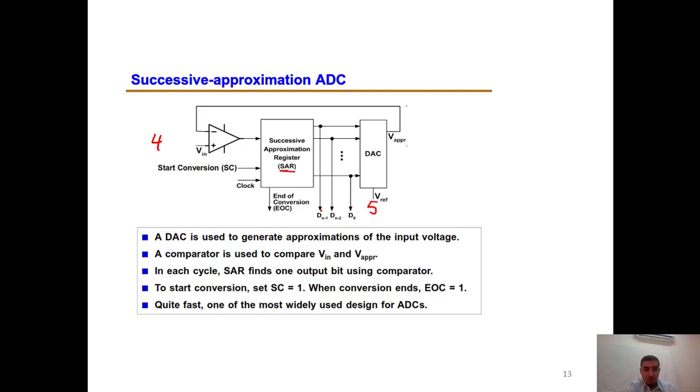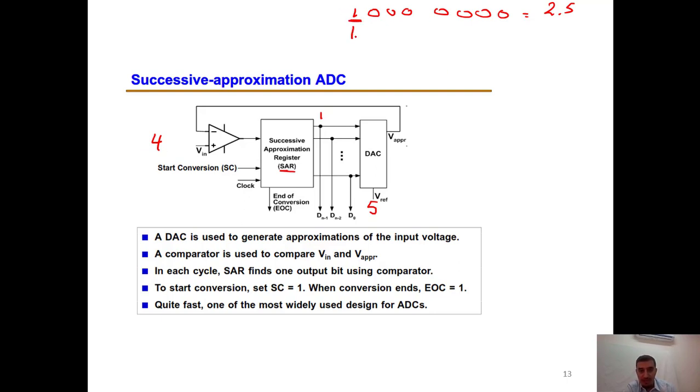So the first output of the successive approximator will be 1 and all zeros, which is 1 0 0 0 0 0 0 0. Out of 5, if you want 5, you want all ones, so this will be equivalent to 2.5. Is 4 greater than 2.5? Yes, so this one will stay.